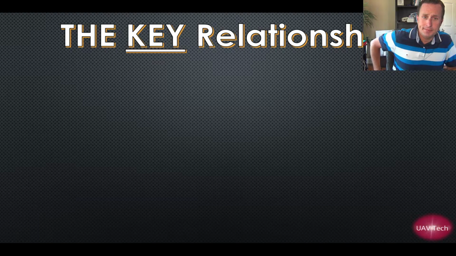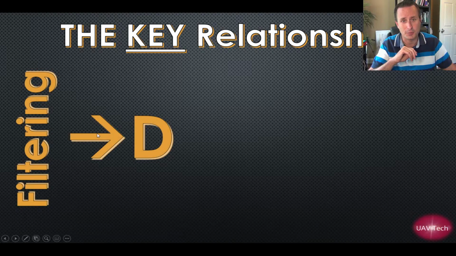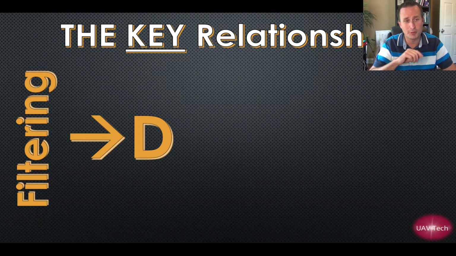So in PIDs, there's key relationships between the terms. And the key relationships are what's so important. It's not the gains themselves, it's the relationships between them. The first is the relationship between the filters and the D term. It's this arrow that matters.